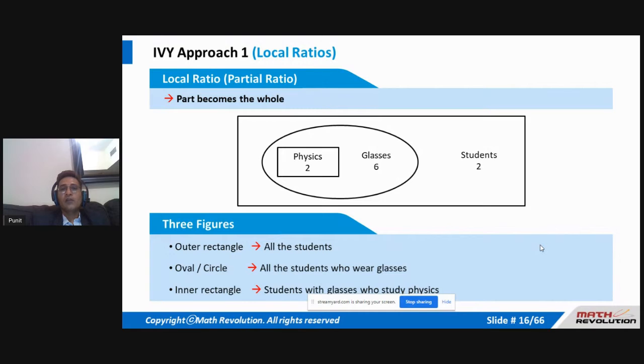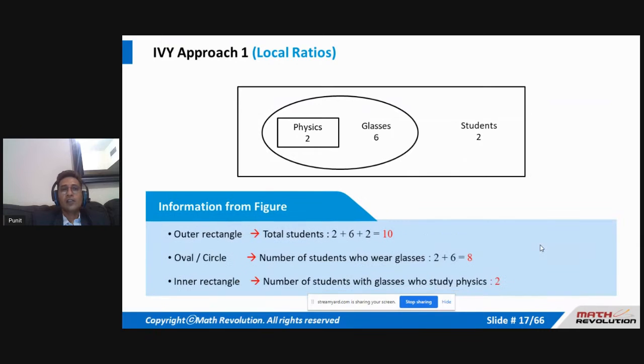Just remember these numbers: 2, 6, and 2. Now let's talk about this. The outer rectangle, the total number of students, is 2 plus 6 plus 2, which becomes 10. The number of students who wear glasses is 6 plus 2, which is 8.